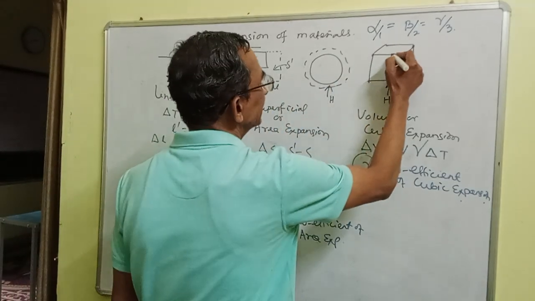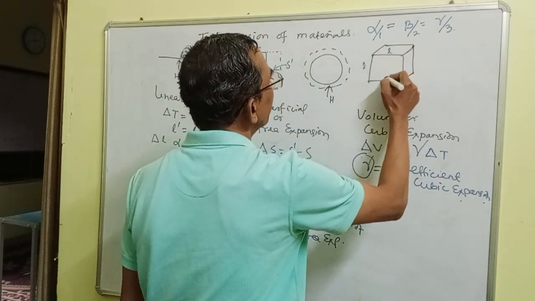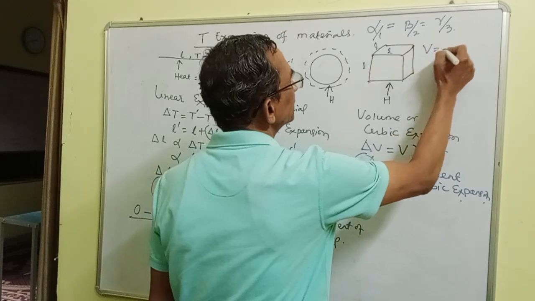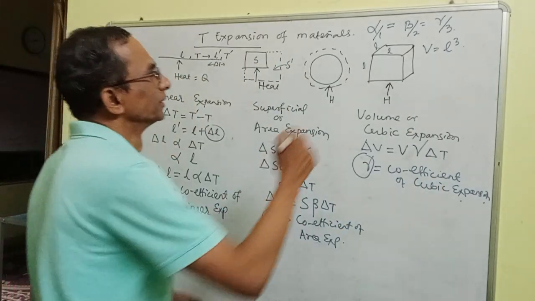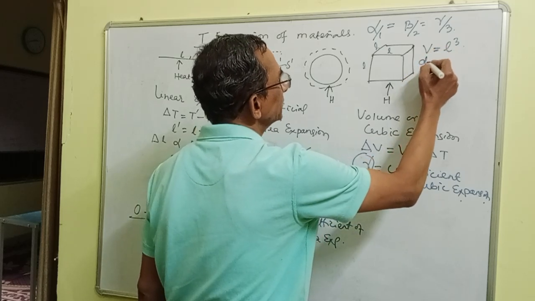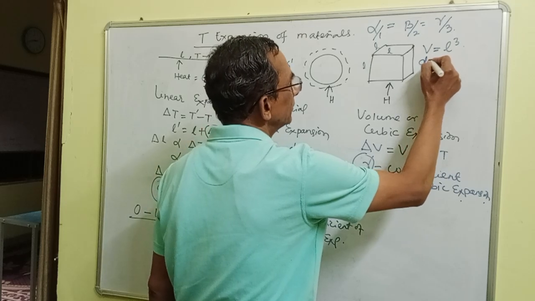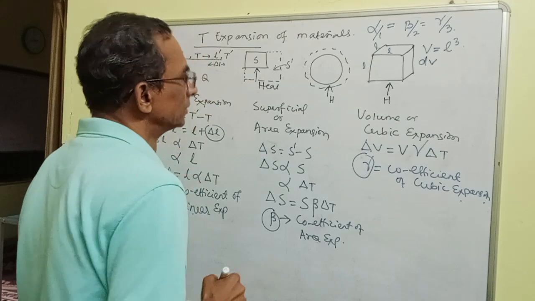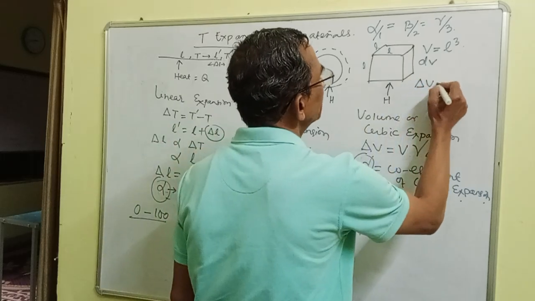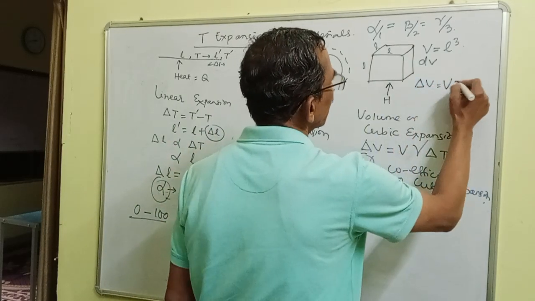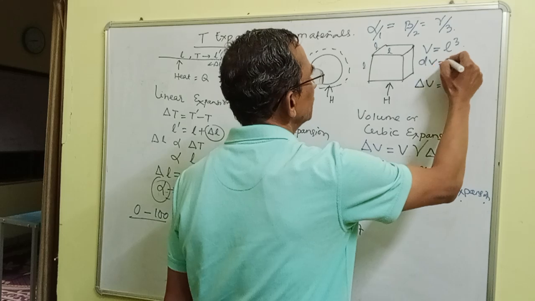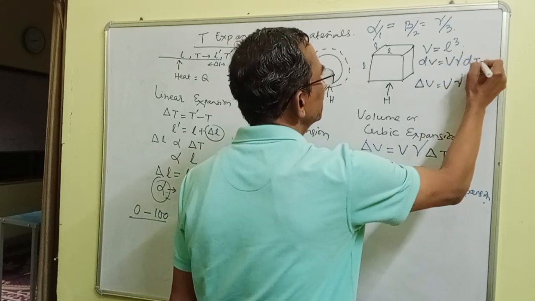If it is a cube of length L, here the volume is L cube. Small change in volume is dV. We say delta V was V gamma delta T. Small change in volume dV is equal to V gamma dt.